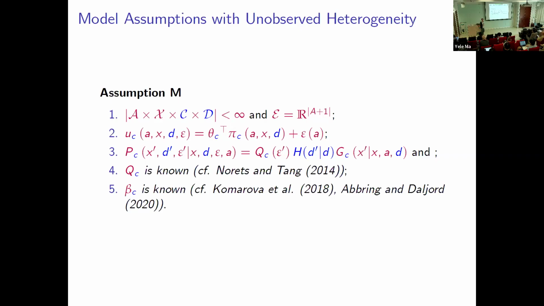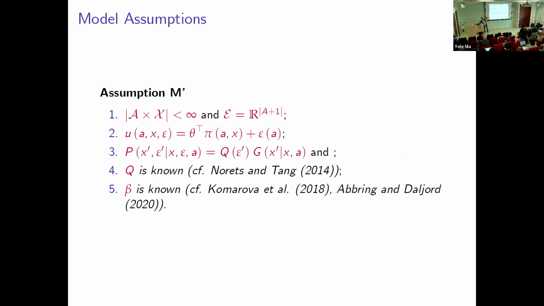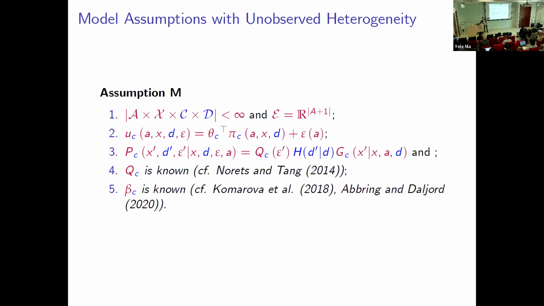So you can think of this as a common macro shock, for example. And if we ignore this H part, then this is just the same as the standard framework that we have on this page, other than the fact that we can have Q and G depend on C. Okay, so this is the type of unobserved heterogeneity that we are allowed to enter our model.